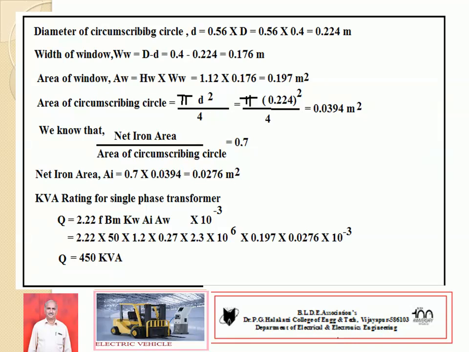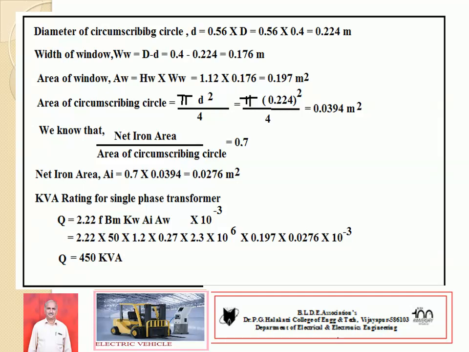Capital D is the distance between adjacent cores, and small d is the diameter of the circumscribing circle. So we are getting 0.176 meters. Then area of window equal to HW into WW, height of window into width of window. You substitute, and you are going to get 0.197 meter square.